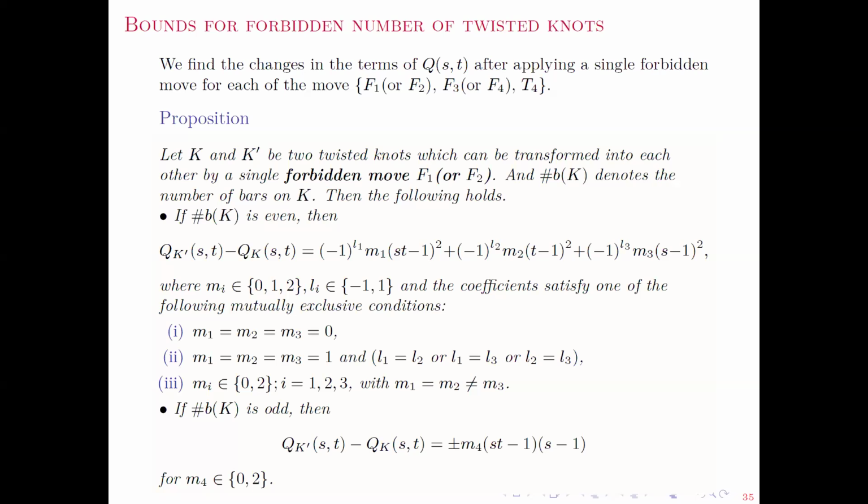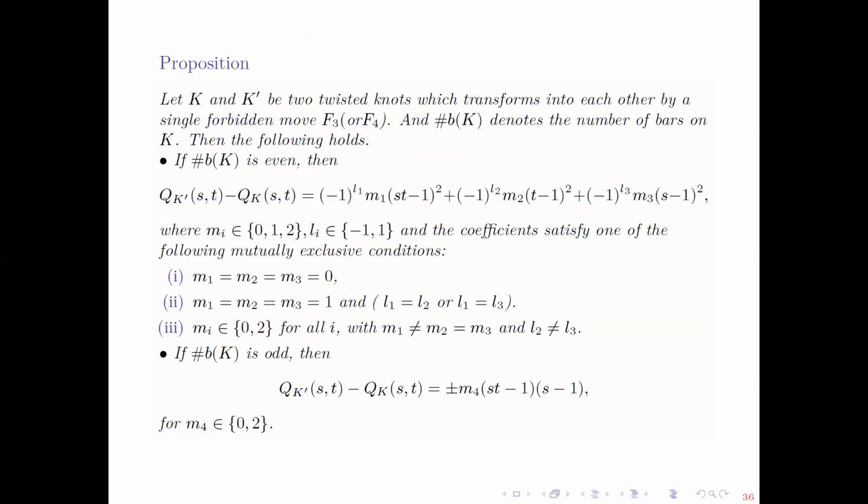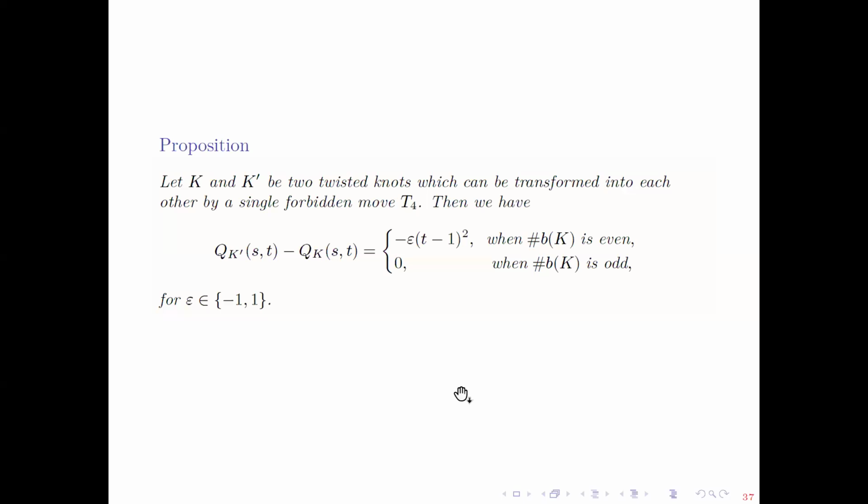Same thing we did for F3 or F4, it looks the same. So there are also two cases, if the total number of bars is even and if it is odd. So there are two cases where three values are given, these M1, M2, M3, the coefficients. And for T4 also we found the difference, which looks a little bit nicer, depending on whether the number of bars is even or odd.